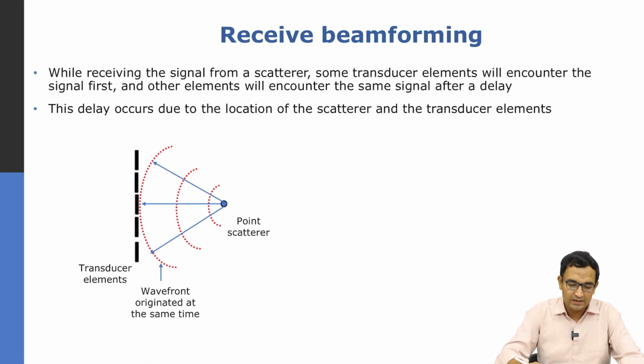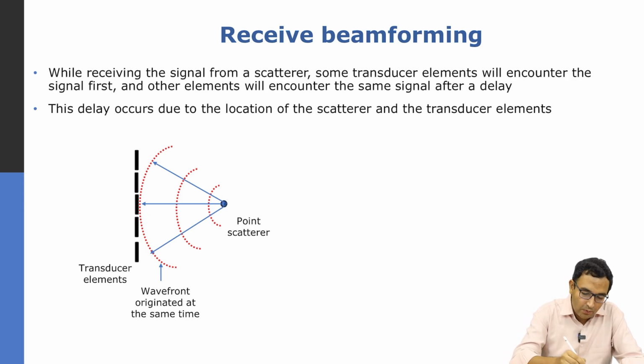Now let us discuss beamforming on receive. Like we discussed, we can apply delays in transmit and focus at a particular depth, but even when the signal is coming back from a point scatterer, let us say you have fired the signal and it is arriving in phase at this point scatterer.